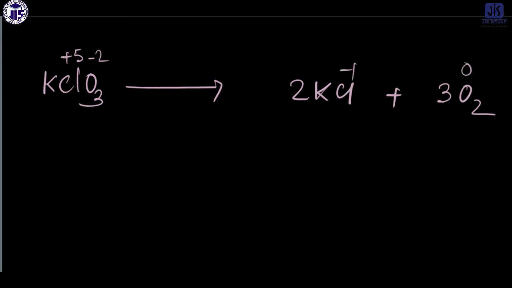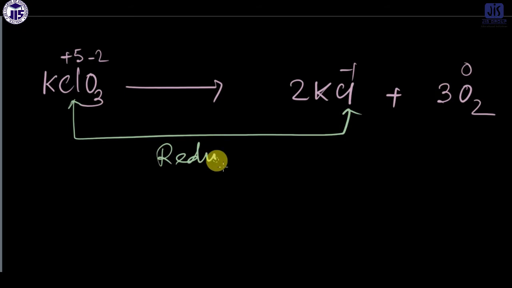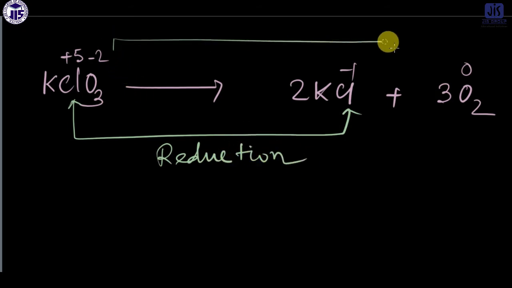So what is the result here? Cl goes from +5 to -1, which means decreasing oxidation number, so it is the reduction. And in the other way, oxygen goes from -2 to 0, increasing the oxidation number, and it is called the oxidation.